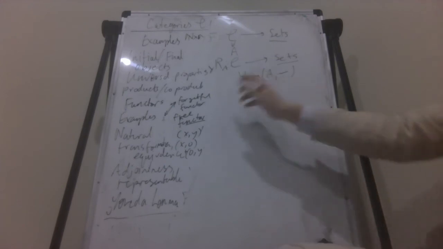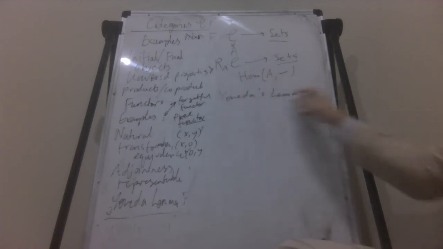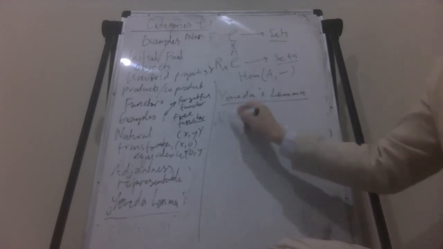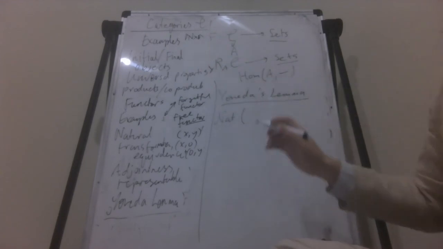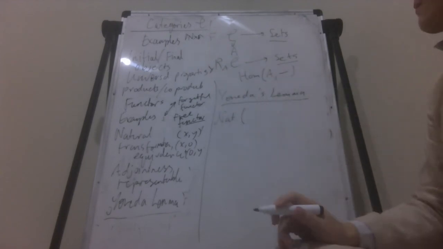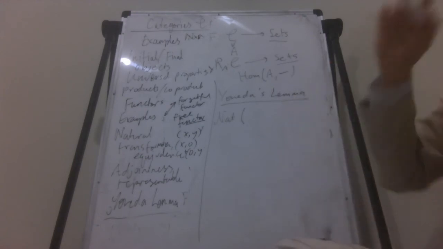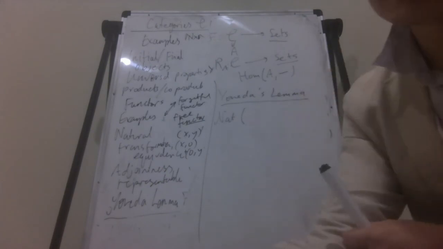And so Yoneda's lemma says, okay, it says the natural transformations between these two functors, what direction is it? Let me check the direction of the statement. Hold on.